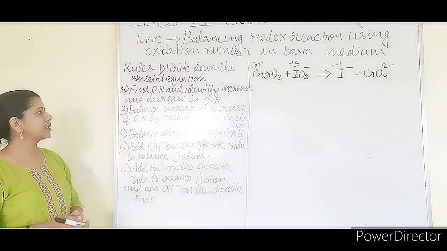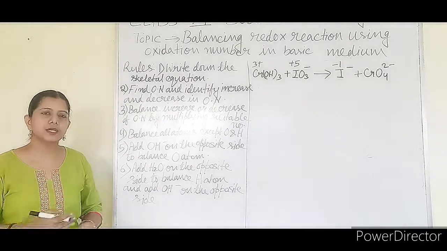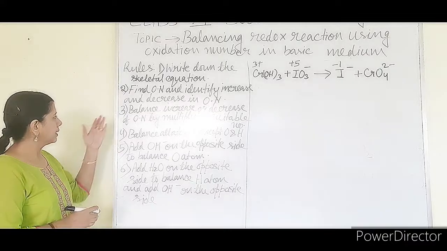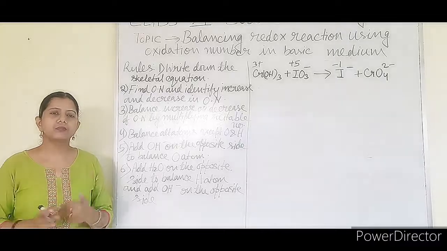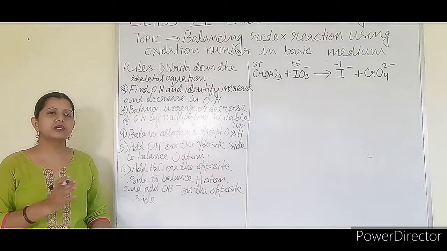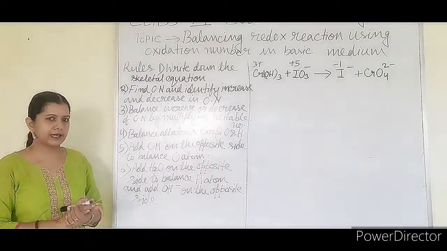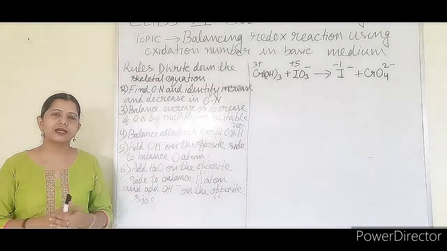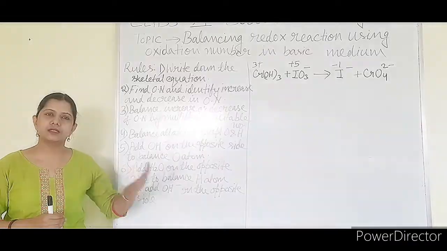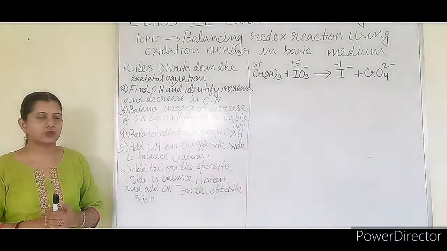Second, find oxidation number and identify increase or decrease in the oxidation number. Third, balance increase or decrease in the oxidation number by multiplying a suitable number wherever required on the reactant side. After that, balance all atoms except hydrogen and oxygen. Up to this it is the same as the previous one.